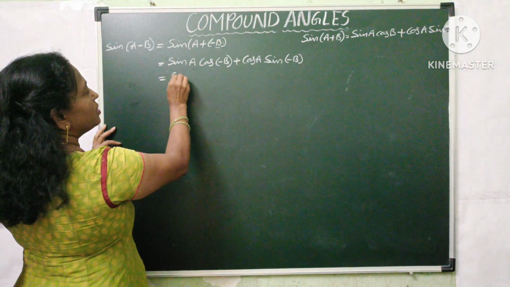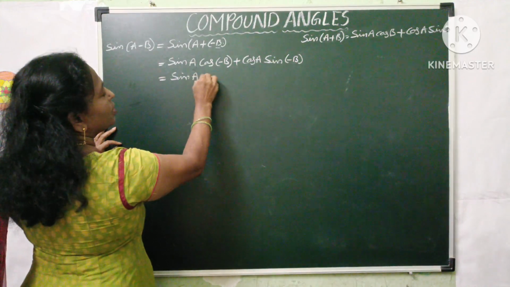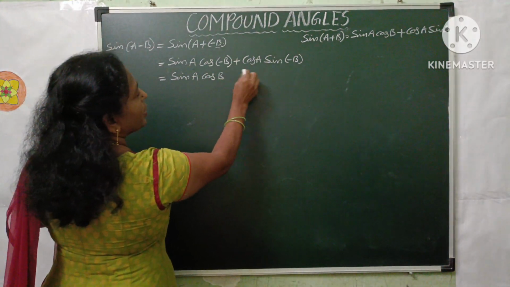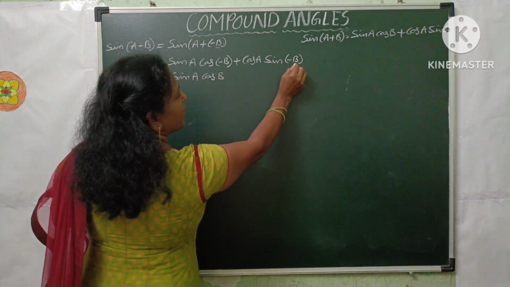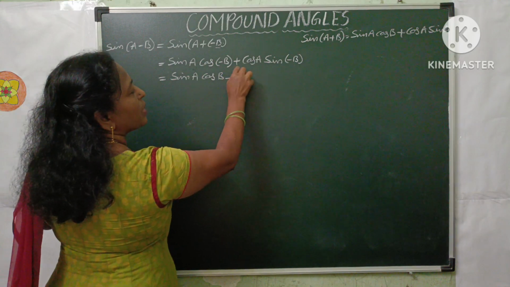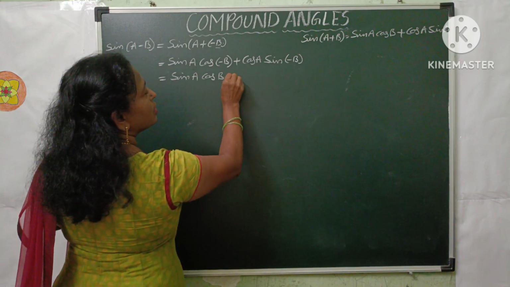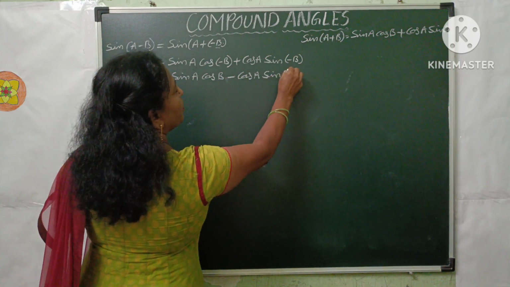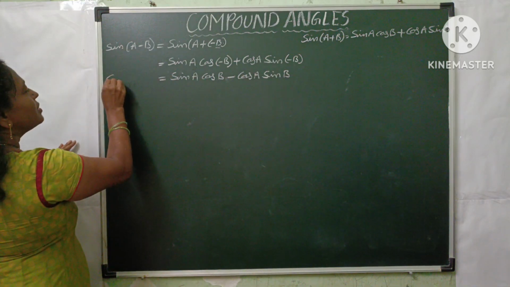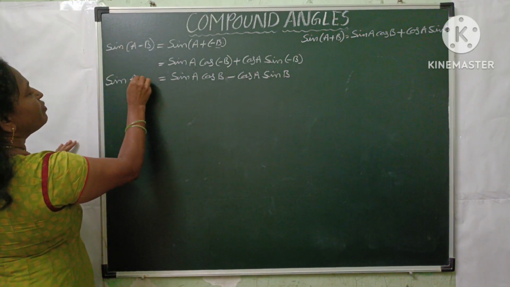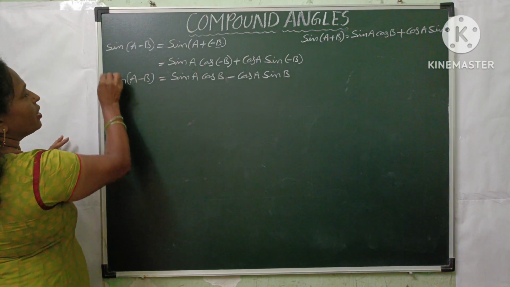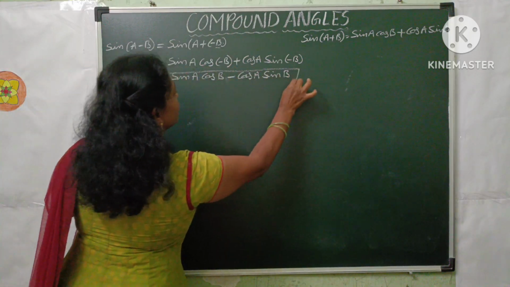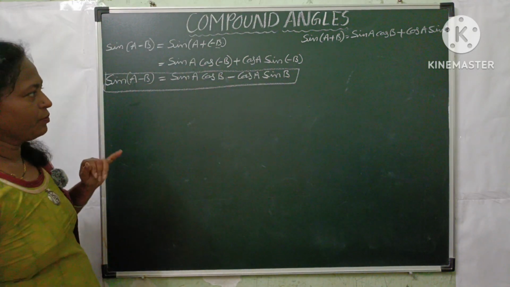Here no change: sin A cos B. Here minus B, we have to write, before, plus into minus, minus cos A sin B. This is sin A minus B formula.